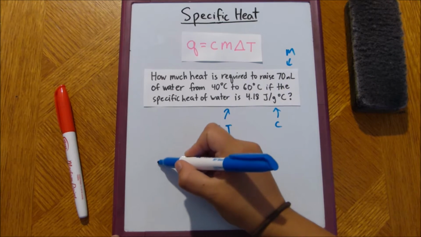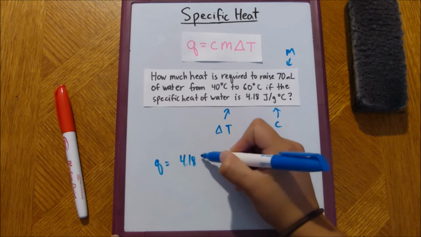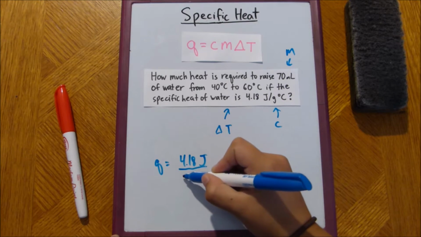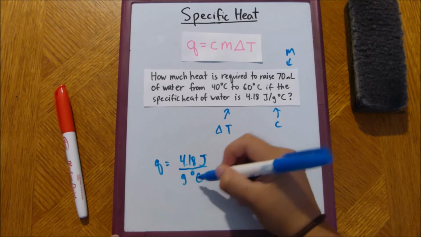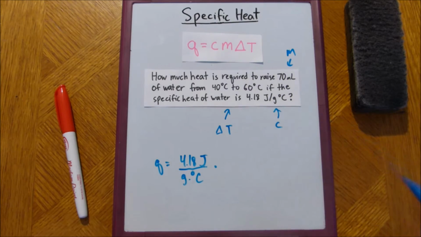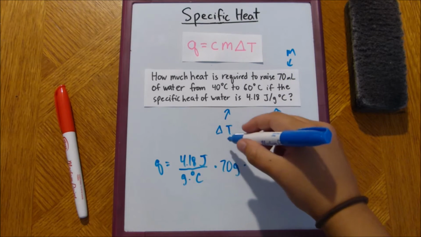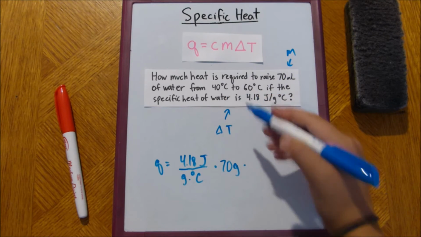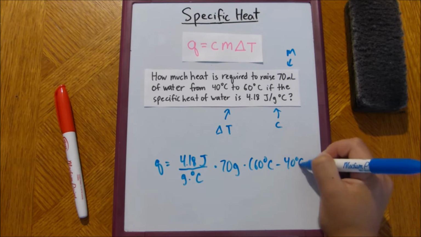So we set it up. Q equals our C, which is 4.18 joules over grams times degrees Celsius, times our mass, which is 70 milliliters, and essentially 70 milliliters is the same thing as 70 grams. It's a simple conversion. And then we have our change in temperature, final minus initial, 60 degrees Celsius minus 40 degrees Celsius.